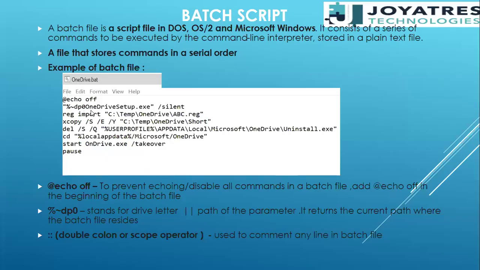Then del /s /q. In the same way for del also you can find the options. What it is doing is particularly deleting this uninstallation file from this particular location. So if it exists, it is going to delete this. Then cd, which is particularly going to that particular directory.